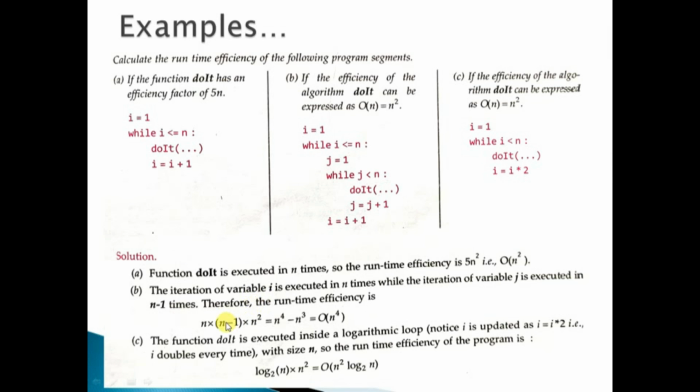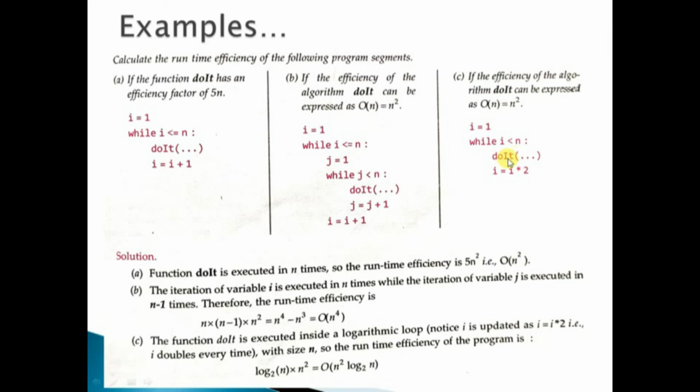And this i loop is running up to n terms. So the total time required is n into n minus 1 into n square. We have not considered the constant times, we have just taken the dominant terms. So the expression becomes n to the power 4 minus n to the power 3, and the most dominant term is n to the power 4. So the efficiency of this code fragment is order of n4.